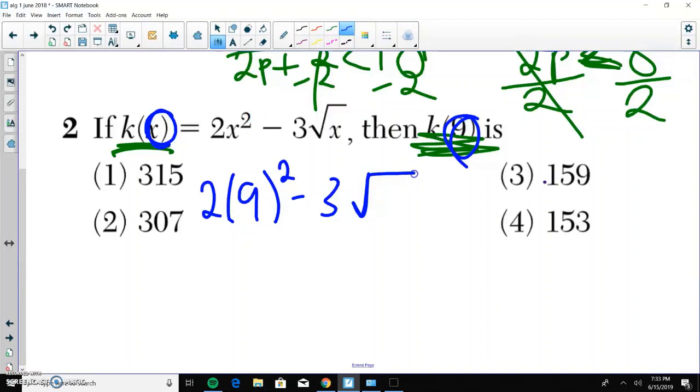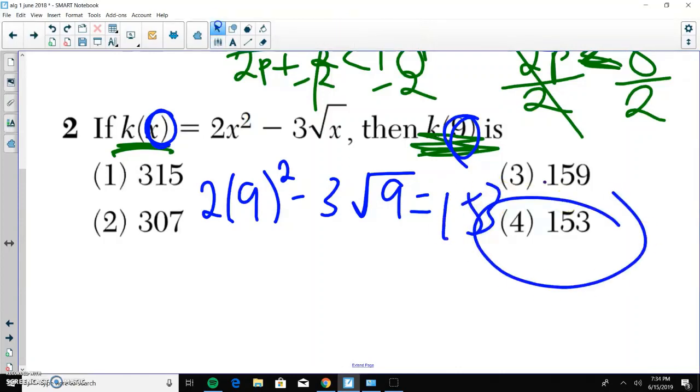Minus 3 root 9. So you could just type that into your calculator and find your answer. I would show you how to type that in, but my online calculator isn't loading today. Sorry about that. But just type exactly what you see there, and you get the answer of 153. So choice 4.